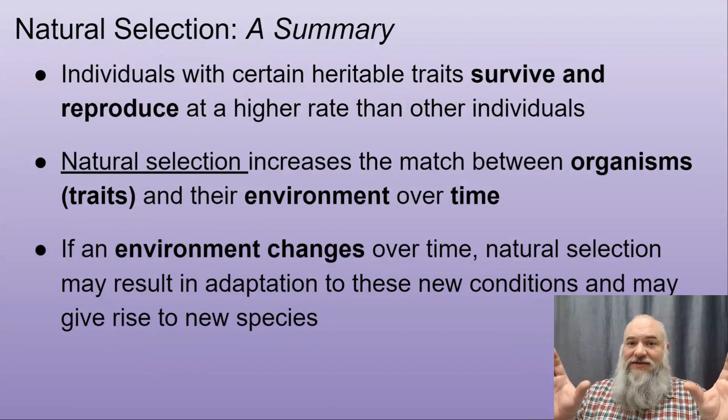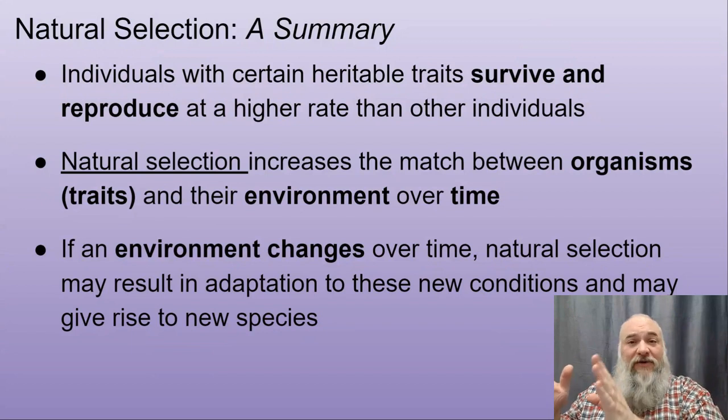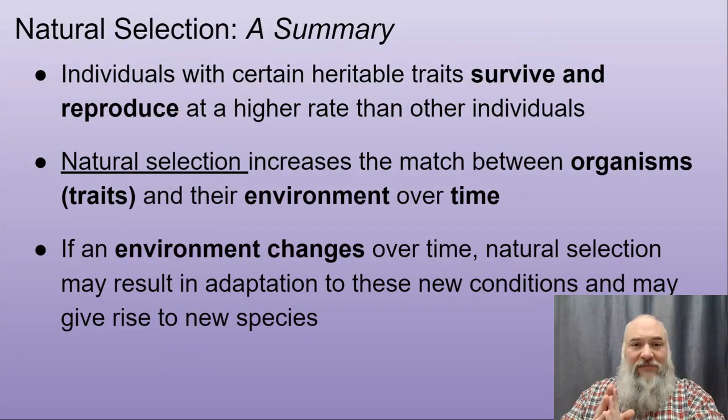Okay? So that means the traits over enough time, enough generations, will get closer and closer and better matched to that particular environment. Great. So that means everything should get to be perfectly matched with their environment, right? Well, not exactly. The other thing Darwin noticed, and the geologist has noticed, is that the environment changes.